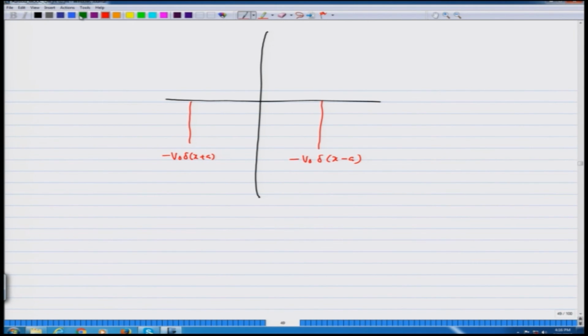and on the right side the solution has to decay exponentially, e raised to minus square root of 2 m mod E over h cross square x. So, on the x positive side the solution has negative power of the exponential. On the left hand side the solution again has to decay because it is a bound state.